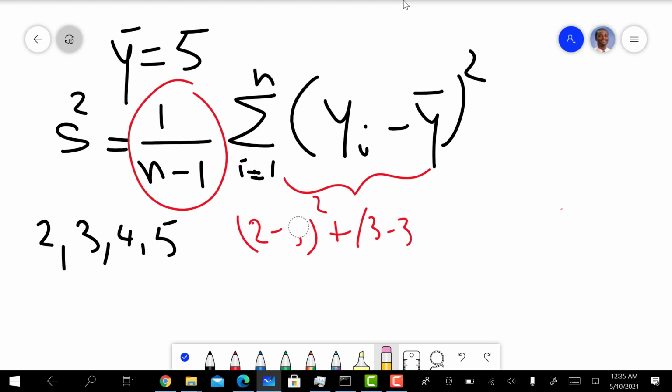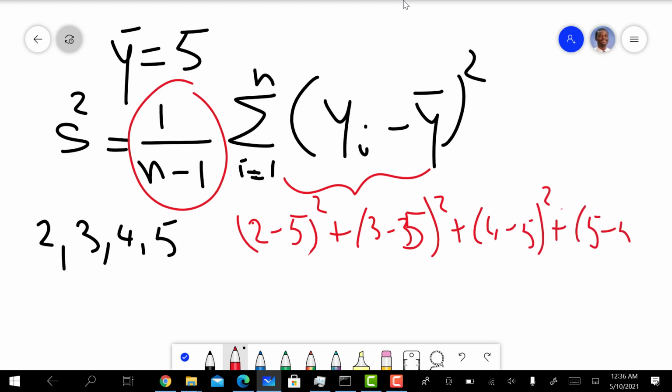It's supposed to be 5, correct? So it's going to be 3 minus 5 raised to the power 2, plus 4 minus 5 raised to the power 2, plus 5 minus 5 raised to the power 2.